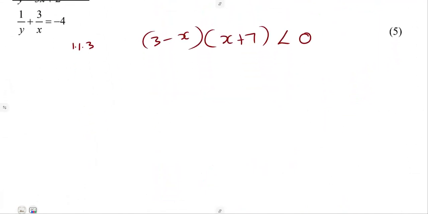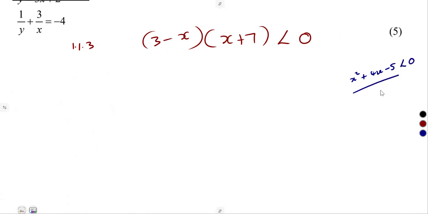Remember, when you are working with inequalities, guys, you are given a quadratic, whatever that you are given here. Let's just say negative 5. I'm just giving you an example of what you must expect for a quadratic inequality which is less than 0, like that.